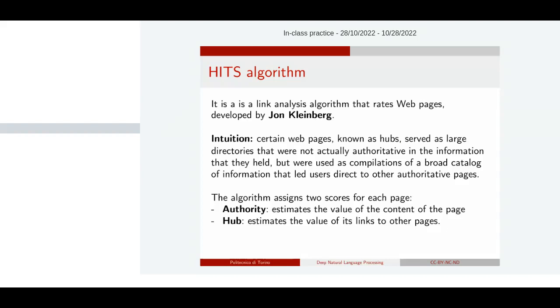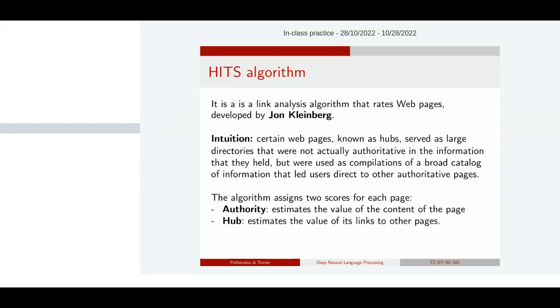HITS is an algorithm that has been implemented by Jon Kleinberg. The idea is that we have two different kinds of pages. We have certain pages that contain a lot of outgoing links, from the page to other web pages.